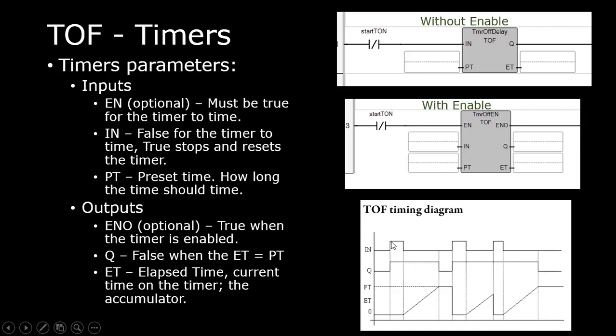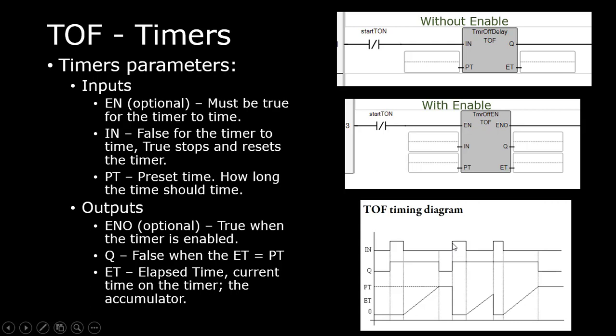In this case, the input is false, and the Q is still false. The input has to go true. When the input goes true, the Q turns on, or the done bit turns on. Then when the input goes false again, the timer will start timing. The Q will remain on. When the accumulator, or the elapsed time, is equal to the preset, the Q or the done bit will turn off.